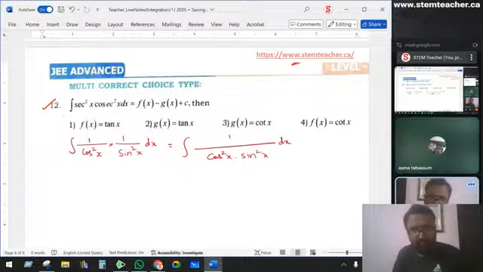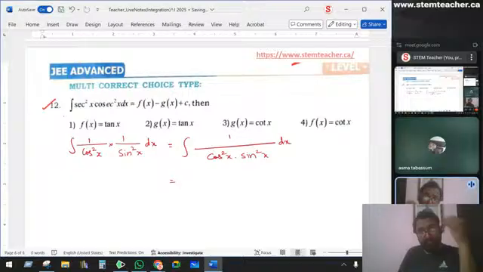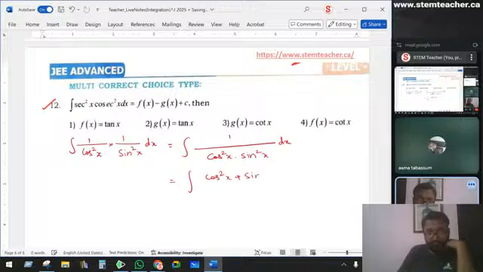So how can we evaluate this integration as a sum or difference of two functions? You know that 1 is cos square x plus sine square x. That is equal to integration of 1 by cos square x into sine square x dx. So you can rewrite this by separating denominators.